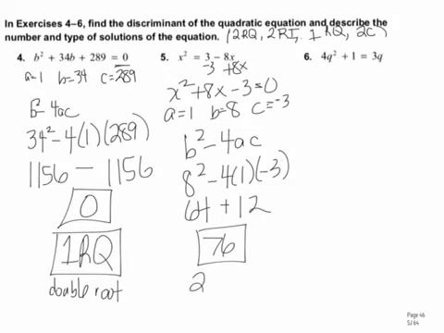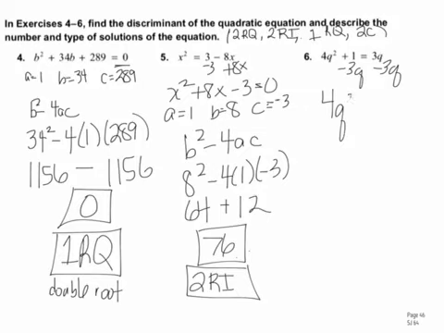So that's 2 real irrational roots. What that means is this one, when I solve using the quadratic formula, would have a radical in the answer. Number 4, when I solve it using the quadratic formula, would not have a radical in my answer because it's rational. Moving on to number 6, the only thing I need to move is this 3q to make it equal 0.